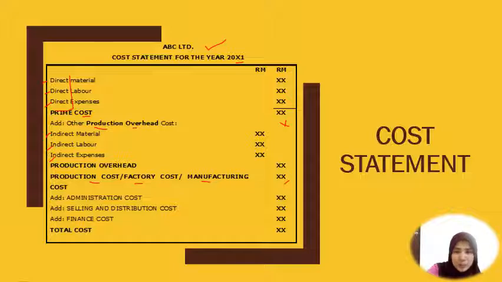After that, you add any other overhead cost, which is administrative cost, selling and distribution cost, and last one is finance cost. You have to know how to classify the type of cost in administration, selling and finance cost, and you can find out the total cost of production here.